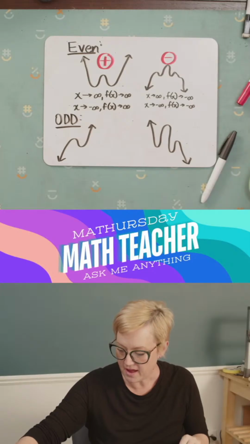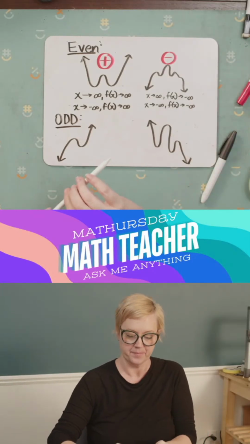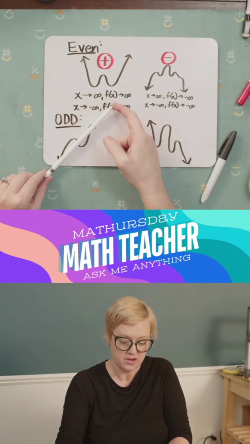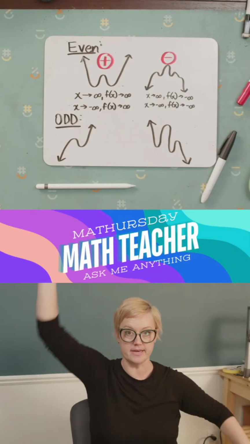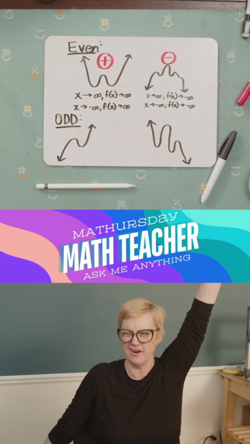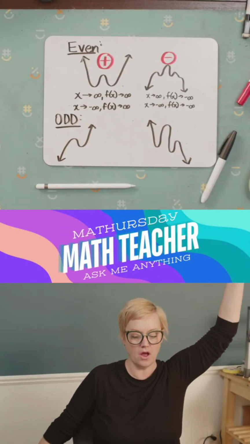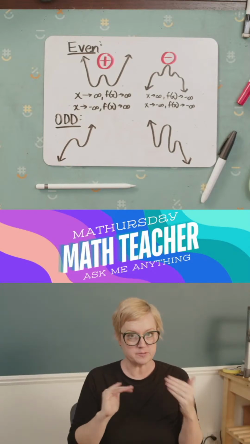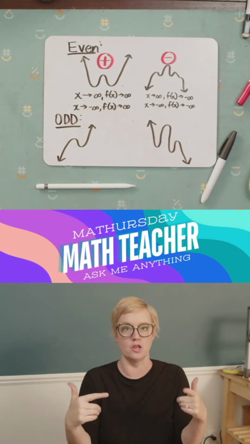So what I like to do is use your pencil or your pen and see that if they're odd, they're going in different directions. It's an odd number, and they're going in different directions. I don't know why an odd number goes in different directions, but it just does. To figure out if it's positive or negative, I like to go back to the basics of slope.